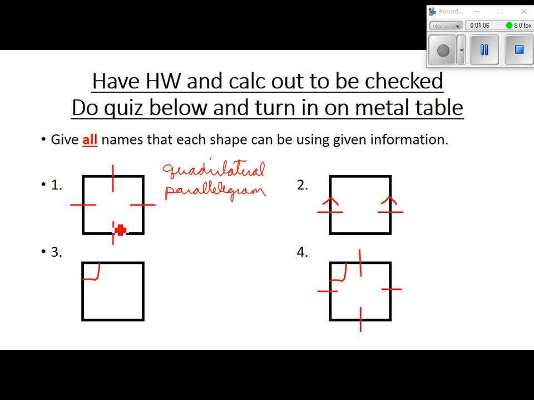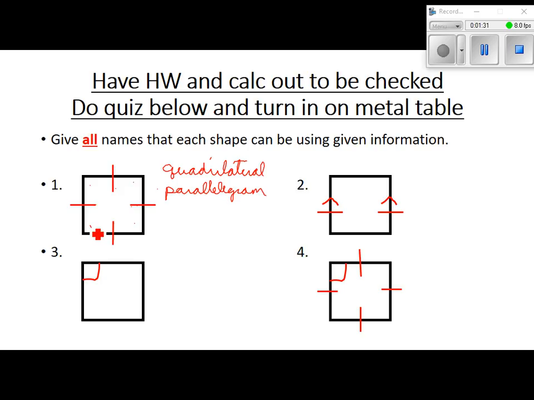Then we check to see if it's a rectangle. To prove something's a rectangle, easiest way is if it has one right angle. You don't have to prove all four angles are right angles because you already know it's a parallelogram, and we could use that to show that if one of them's a right angle, all of them are. In this case, we don't know that any of these angles are right angles, so we can't say it's a rectangle. Then you check to see if it's a rhombus.